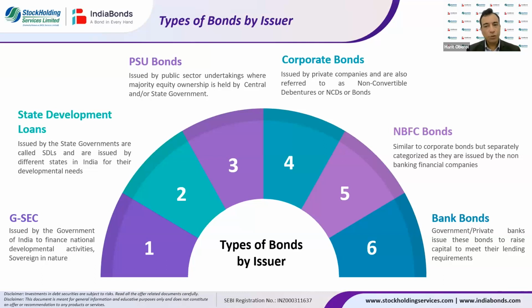So who is issuing the bond, यानी कि जो borrower है, हम उसके ऊपर भी types of bonds को define कर सकते हैं. So the first category हो गई GSEC यानी government securities, which we discussed earlier, यानी central government borrowing money. This is considered to be the highest degree of safety.